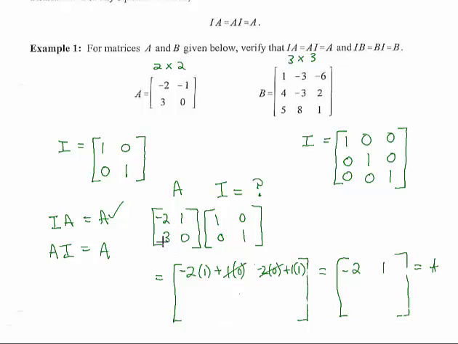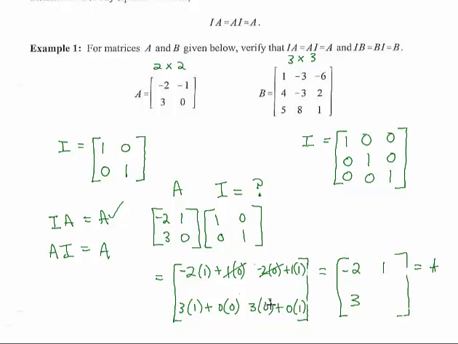Okay. Second row, first column, we have 3 times 1 plus 0 times 0. The product of the zeros doesn't contribute, and so we have 3 times 1, 3, which matches A. And finally, the second row times the second column, we have 3 times 0, plus 0 times this 1.